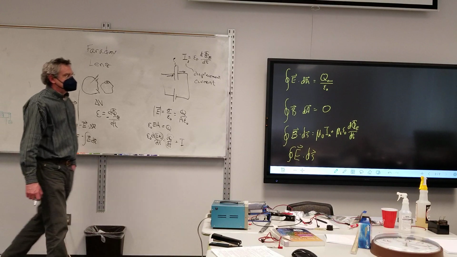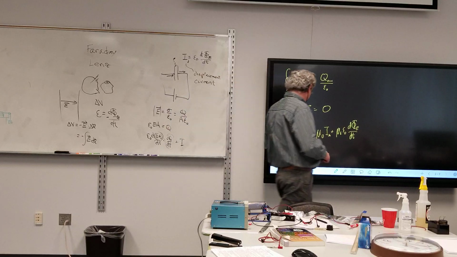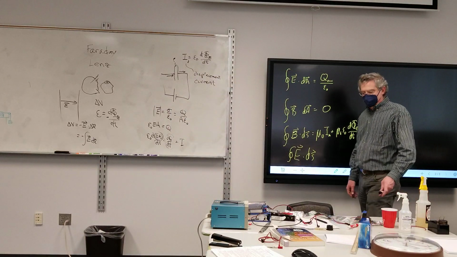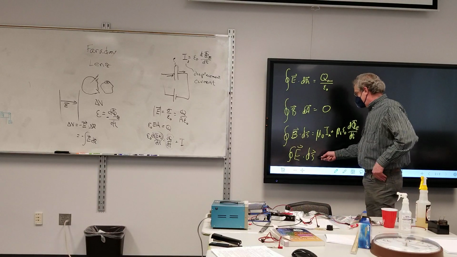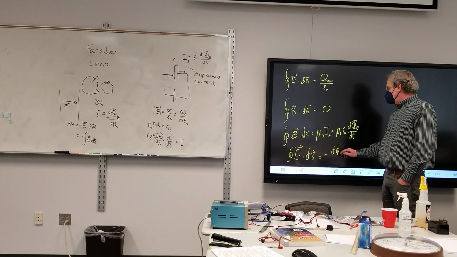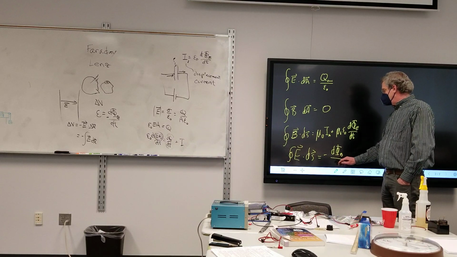Or generalizing, E dot ds, if that's the other formula. So that's equal to negative change in magnetic flux with respect to time.